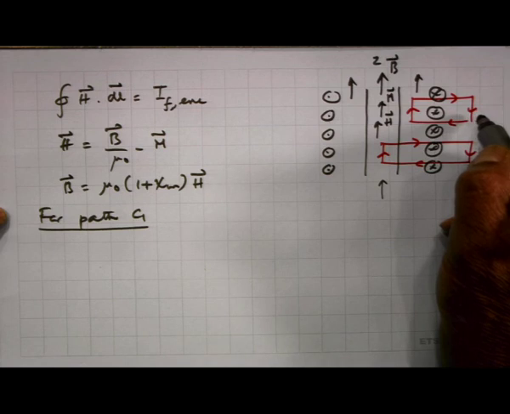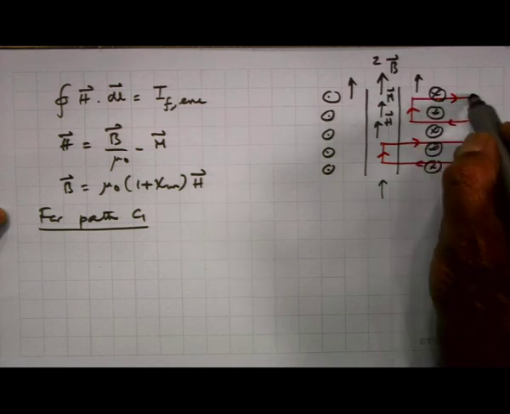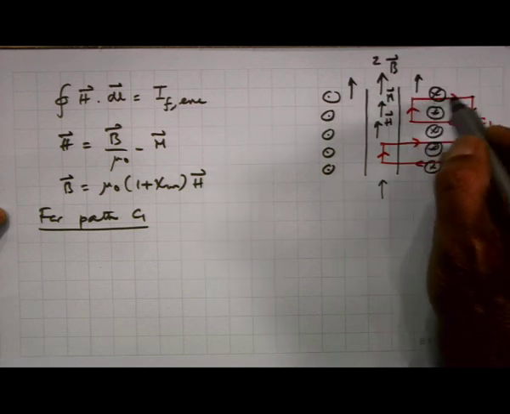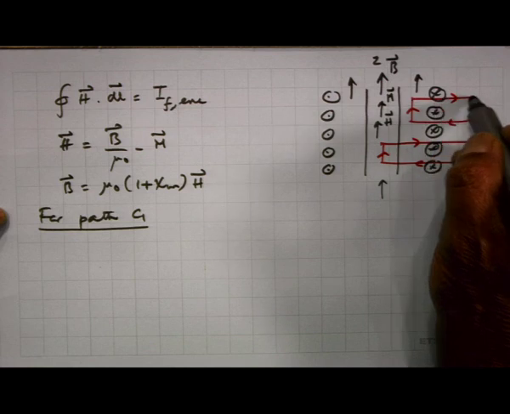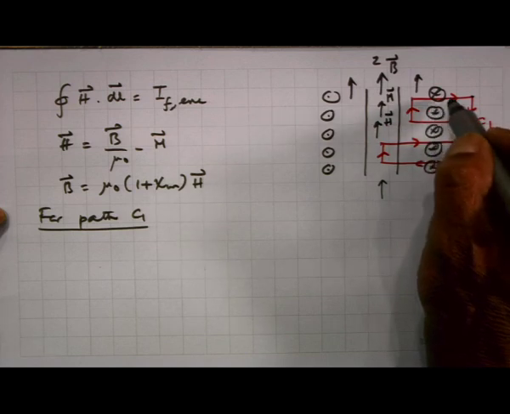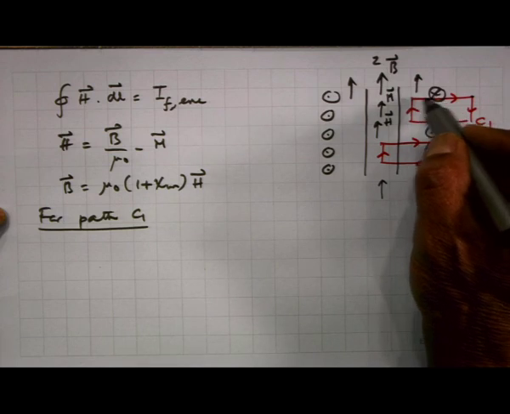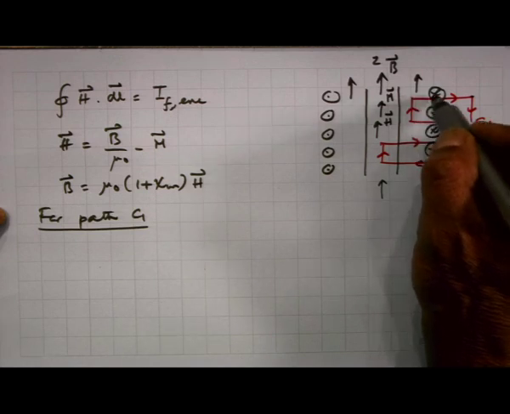There is no magnetic field outside. So, the integral over this path is 0, because the magnetic field is perpendicular to this path. In fact, there is no contribution from here and here because there is no magnetic field, but over the part of the path which lies inside the solenoid, the B vector is perpendicular to the dl vector. So, there is no contribution from here. The H vector is also perpendicular to the path. So, there is no contribution to the integral from here and here.